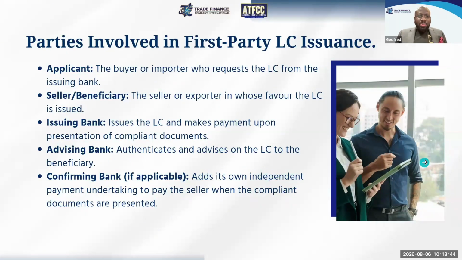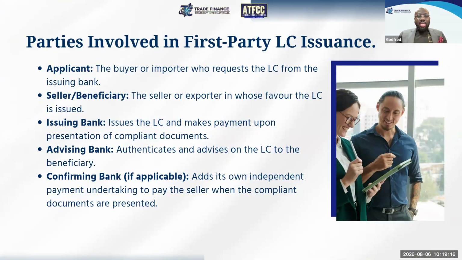So the parties involved in a first party letter of credit issuance. There's the applicant, normally the buyer or the importer, and there's the seller or the beneficiary, also called the exporter, in whose favor the LC is issued. There's the issuing bank that issues the LC and makes payments upon the presentation of compliant documents. And there's also the advising bank, which is the beneficiary bank.